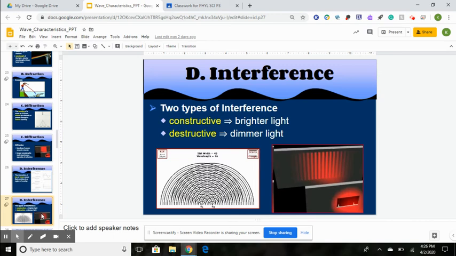In constructive interference, two waves combine to form a wave with a larger amplitude, so you're going to have a bright light. In destructive interference, you have a dimmer light, because think of destruction, taking something down, breaking it apart. The two waves end up canceling each other out, so you have a dimmer light.